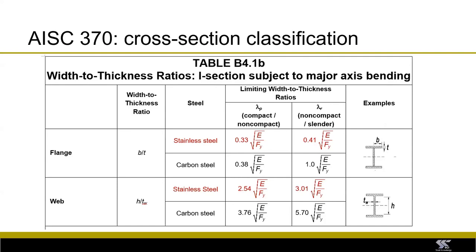Here's an example there from AISC 370 where the stainless steel limiting values are compared against the carbon steel values. Why are they lower? Well, it's because stainless steel has a non-linear stress-strain curve, and it does have an adverse effect on local buckling compared to carbon steel. So don't be surprised if you see lower values.